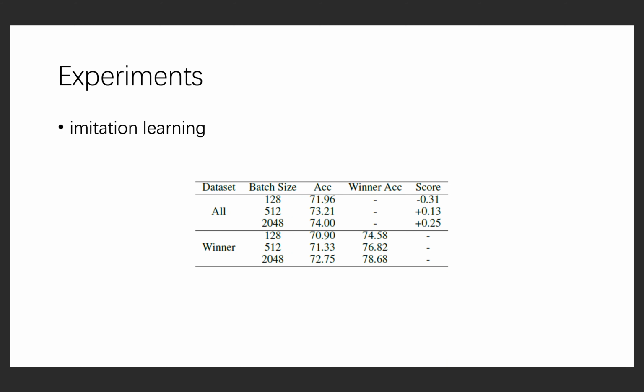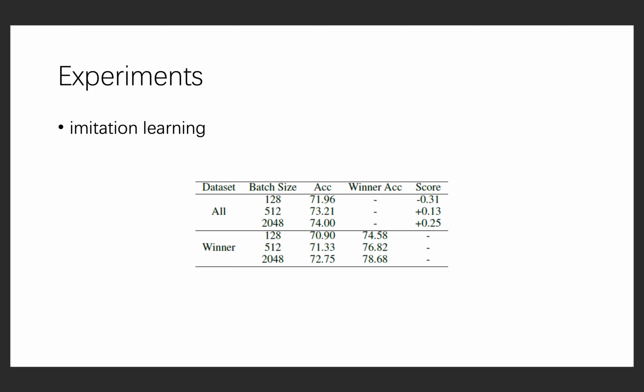And here is a table to introduce the result of this experiment. This table shows our training result, and it can be seen that the larger the batch size, the higher the accuracy. The supervised winner model has a high accuracy rate on the validation set of the winner dataset, but it's lower on the whole dataset.